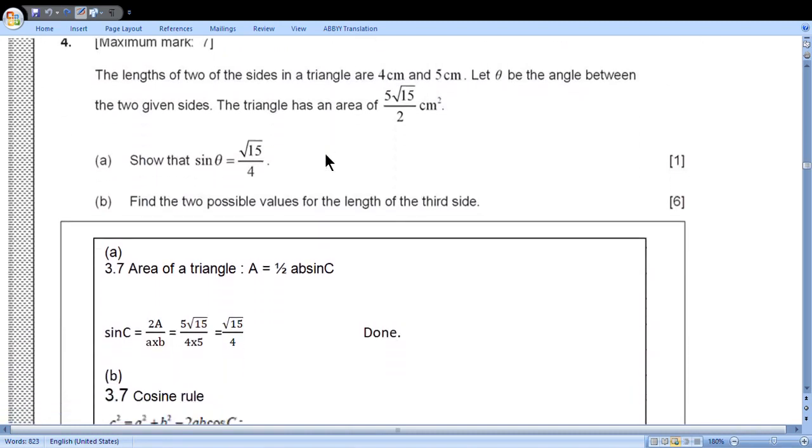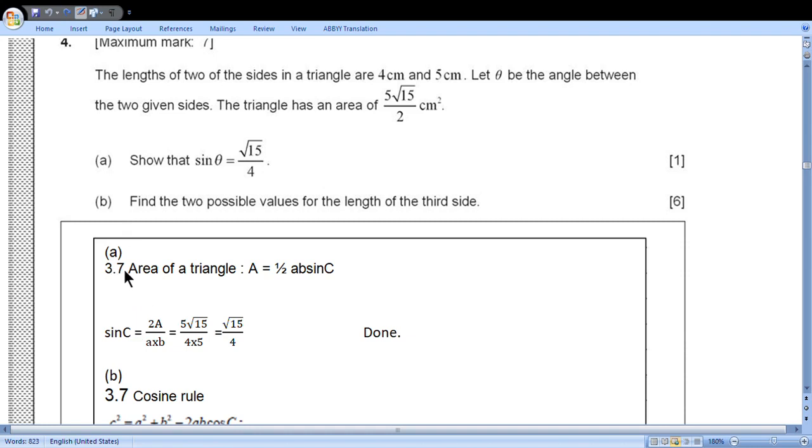Question 4. The lengths of two sides in a triangle are 4 centimeters and 5 centimeters. Let theta be the angle between the two given sides. The triangle has an area of so much centimeters squared. Show that sine theta equals so much. Part a, solution.